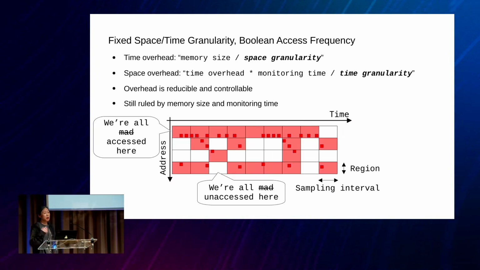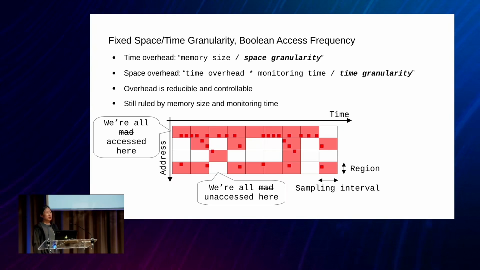Then we can check for each of the cells whether the cell representing the given region was accessed at least once or not. By using this, the time overhead and the space overhead are reduced by the factor of the space granularity and time granularity, respectively. That is, we can effectively reduce the overhead, and the amount of reduction can be controlled by controlling the space granularity and the time granularity.